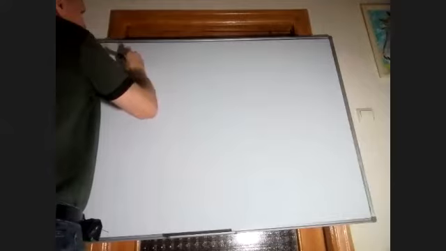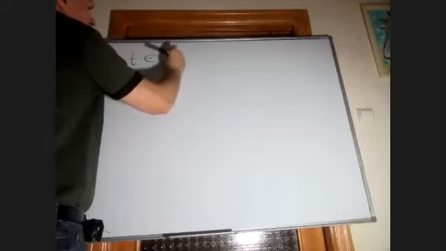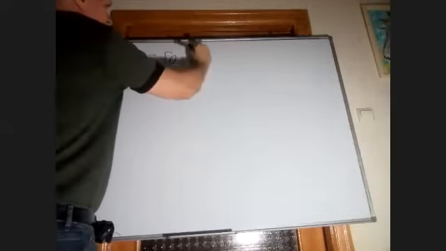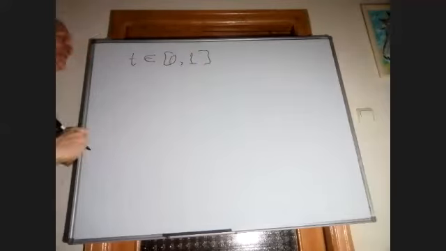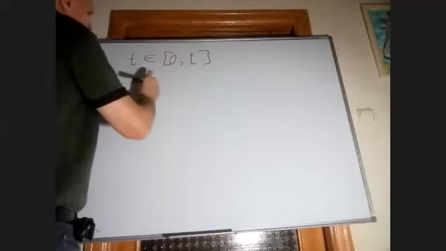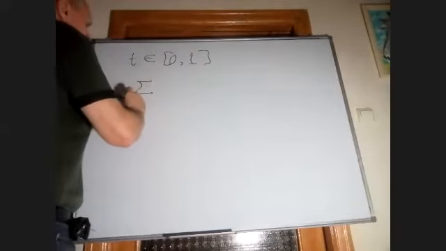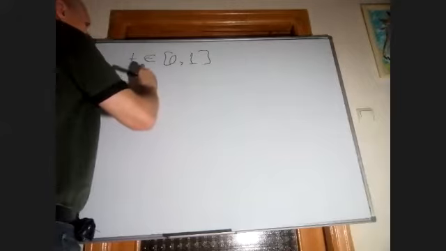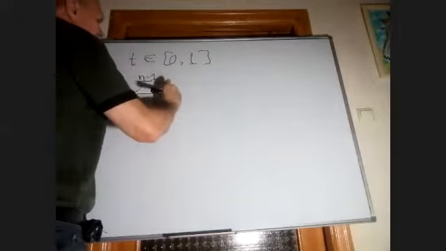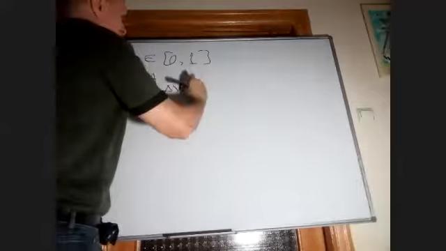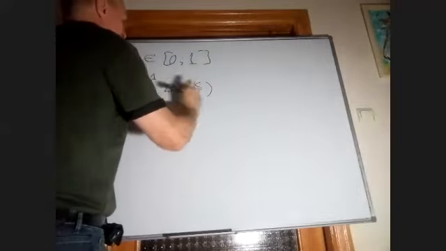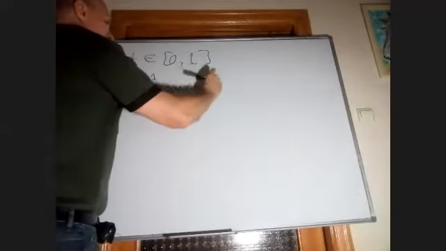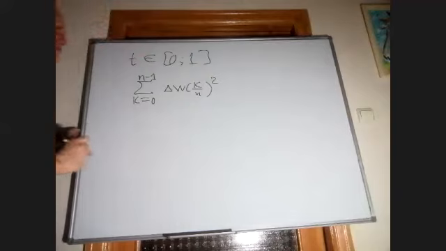In order to do this, I will fix the interval 0, 1 for the time parameter, and I will consider the sum from k equals 0 to n minus 1 of (delta W k over n) squared.